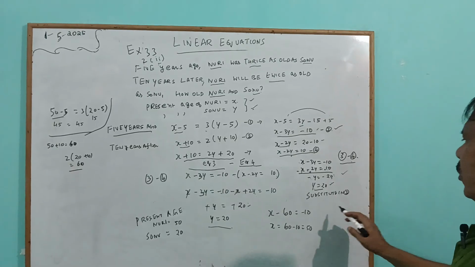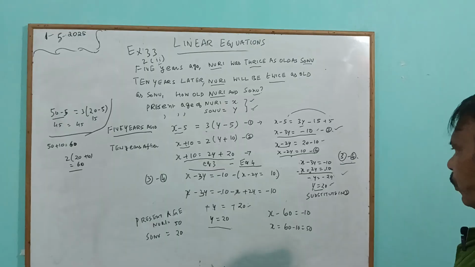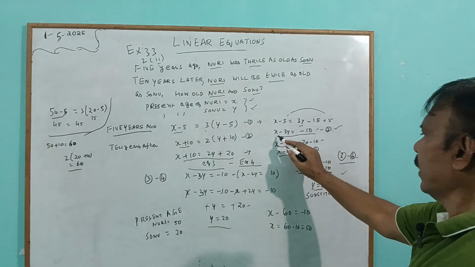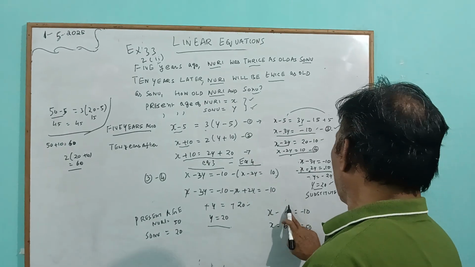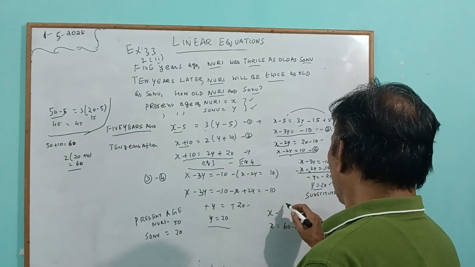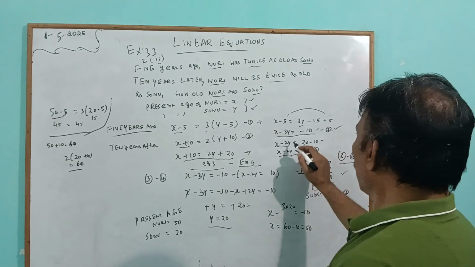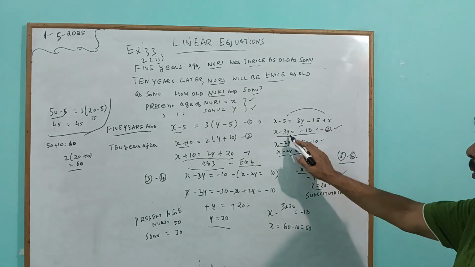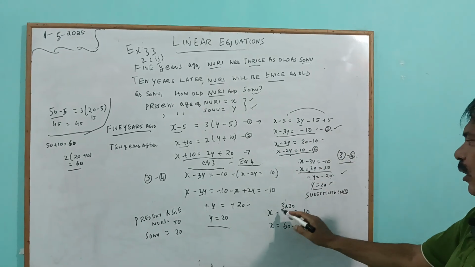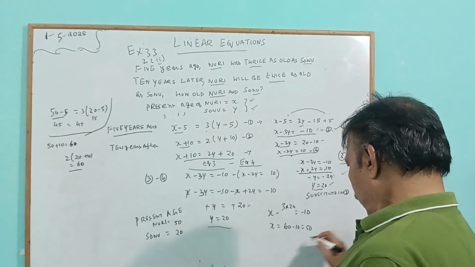So now I am going to substitute in this equation 3. Here, this is x minus 3 into 20, because y is 20, no? So x minus 3 into 20, this becomes minus 60.